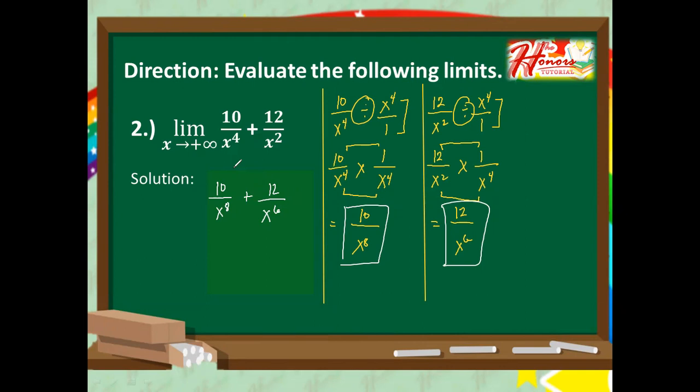Also for 12, that is a constant and x raised to 6 is a variable. So therefore, applying the theorem that we had, this first term will become 0 plus 0. So the final answer is 0. And that's it for number 2. But of course, we have our second way of doing number 2.